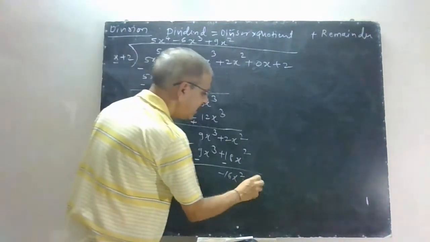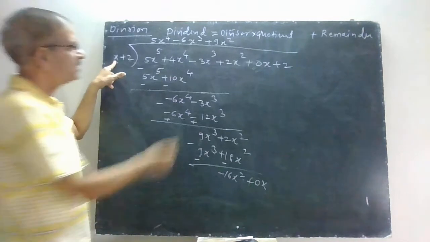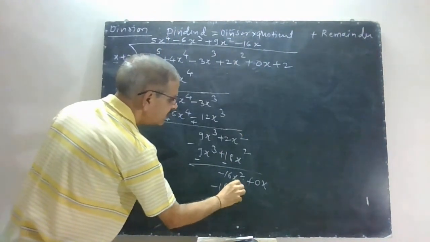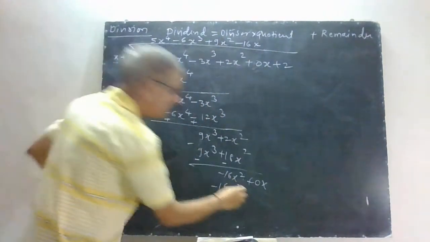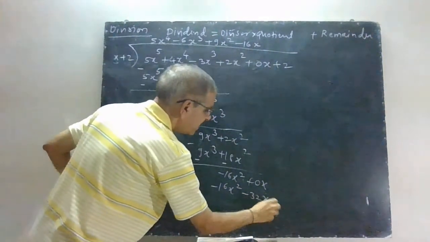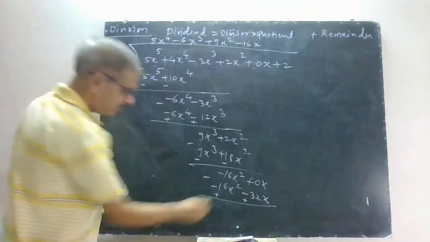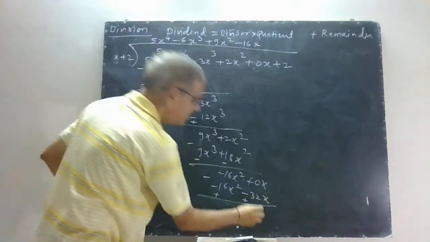On this one you can take 0x, as it is minus x square, 16x square and x here, so you need minus 16x, so that it gives you minus 16x square. Minus 16x into 2, that is minus 32x. When you subtract, this becomes positive, so this will get cancelled, gives you 32x, and then you take plus 2 on that one.